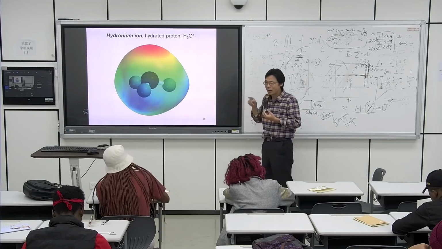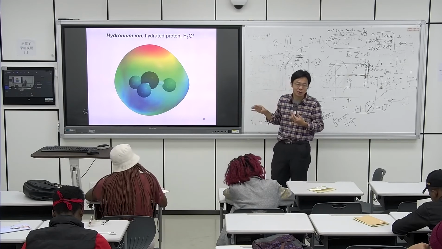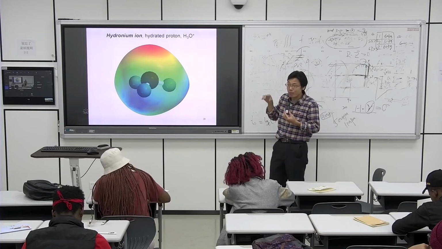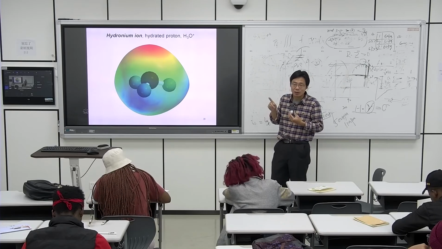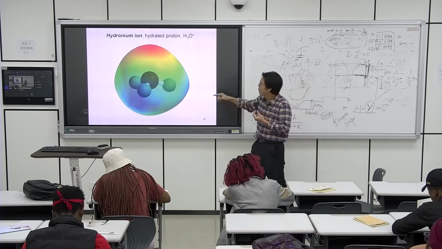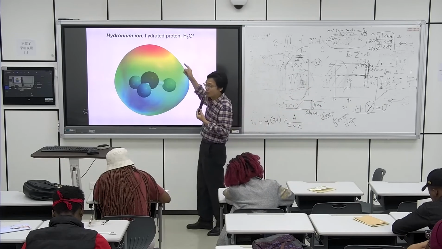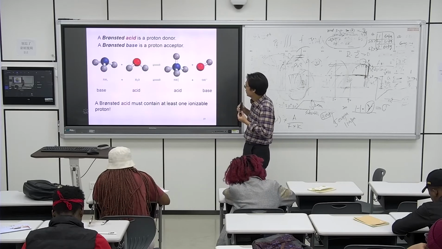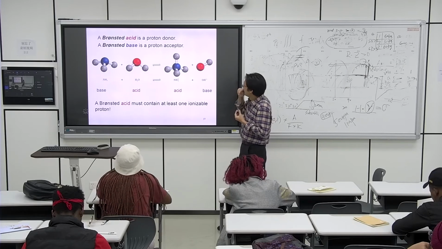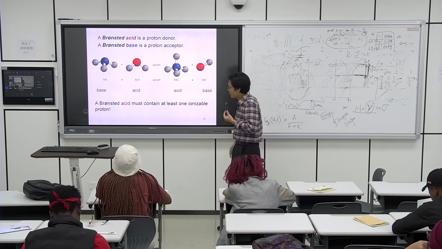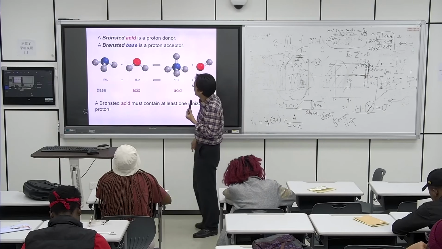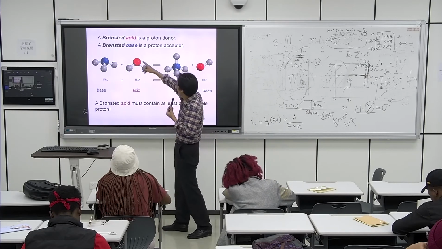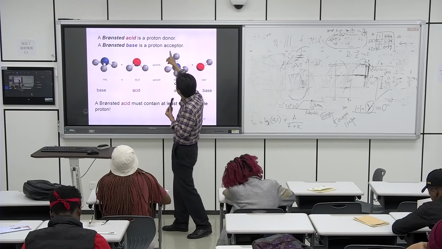Okay. There is no single H plus in water solution. The H plus definitely will combine with one water molecule to form H3O plus cation. Okay. The second way is called Bronsted acid. So Bronsted acid is a proton donor.